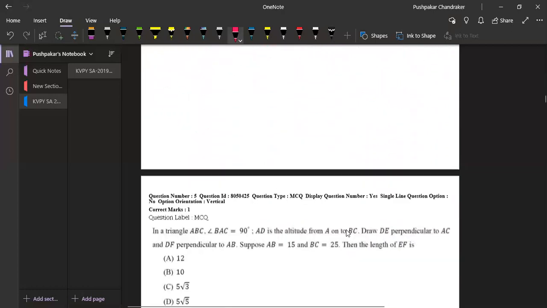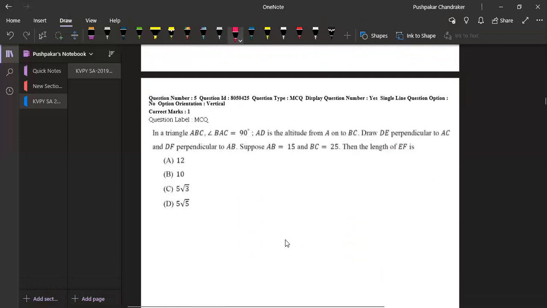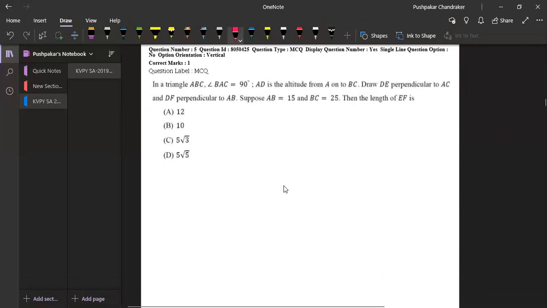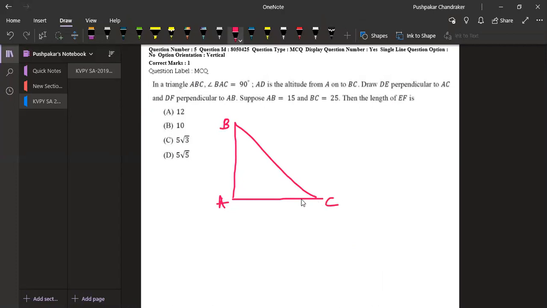Next problem, question number 5. In a triangle ABC, angle BAC is 90 degrees. So this is a right angle triangle. Angle A is 90. So you can construct a triangle something like this. This angle is 90 degrees.